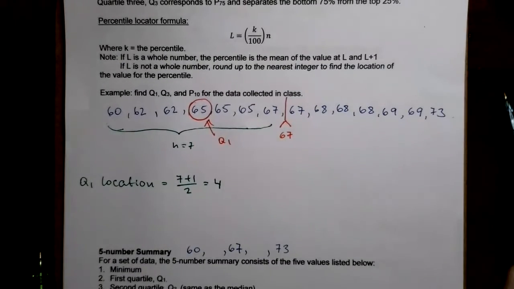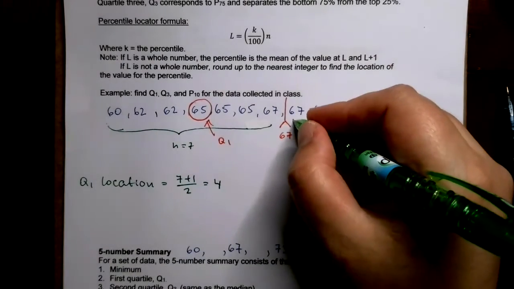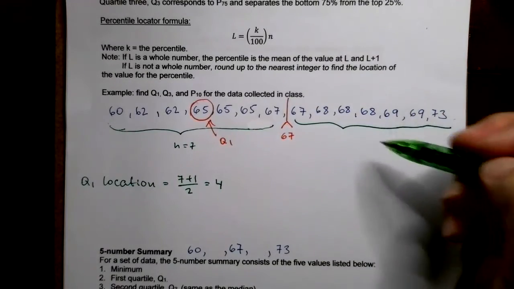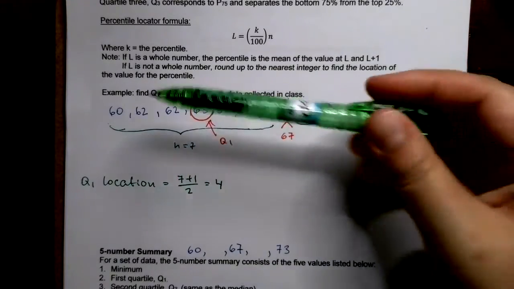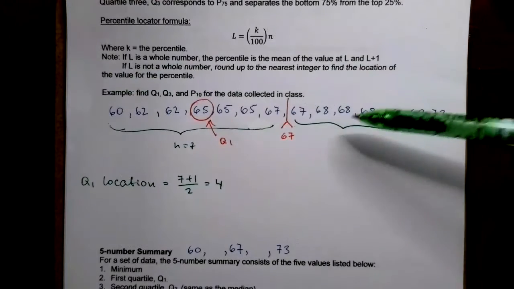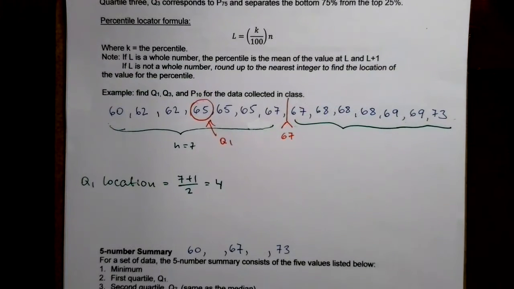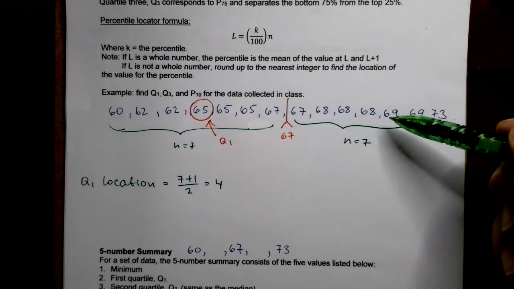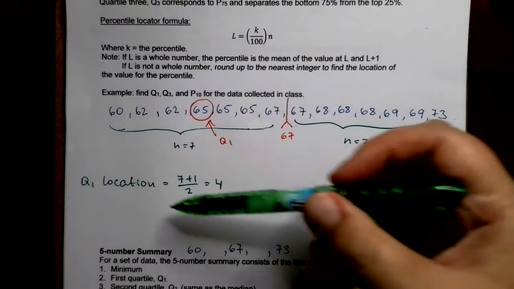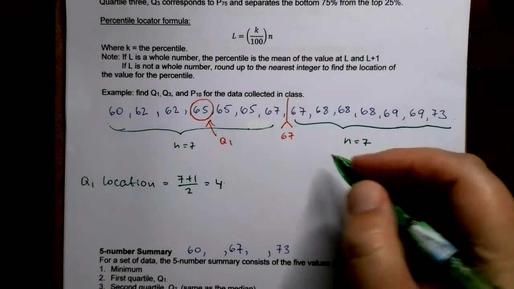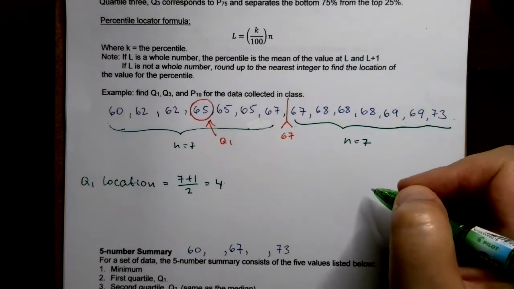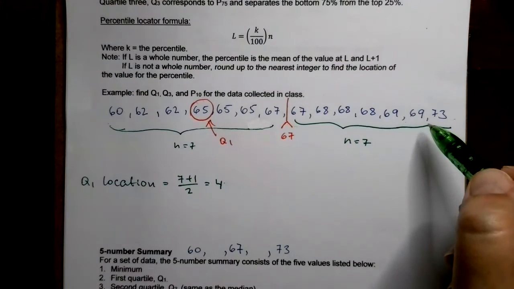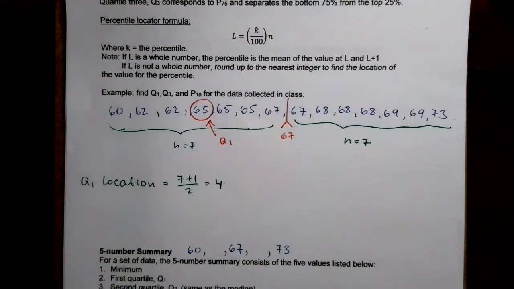The same thing is going to happen on the right side. Since we have equal values below the median and above the median, this data set should also have 7 values, which it does. So for the Q3 location, we do the same thing. It's going to be value number 4 in the upper half.